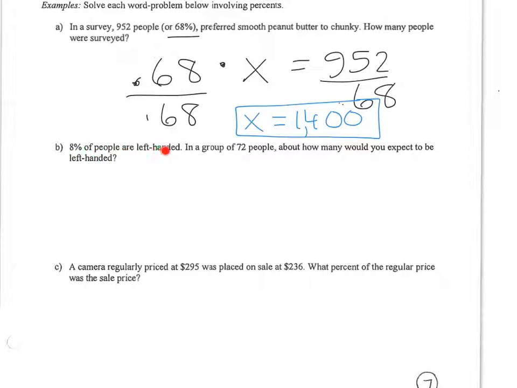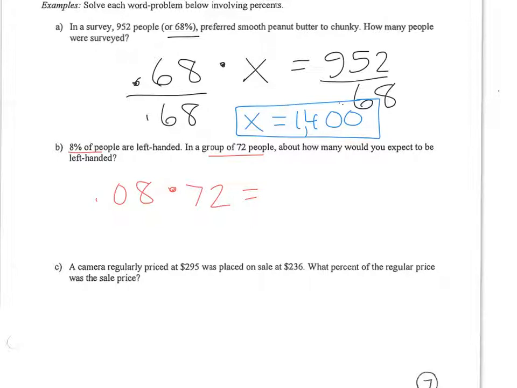8% of people are left-handed. In a group of 72 people, how many are left-handed? So you have your total, 72, and 8% of 72. This time you're given your total. The last time we didn't give our total. We were given 952. This was our total. So I'm going to do 8% of, so 0.08 times 72.